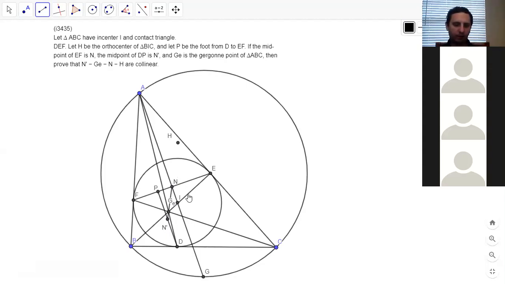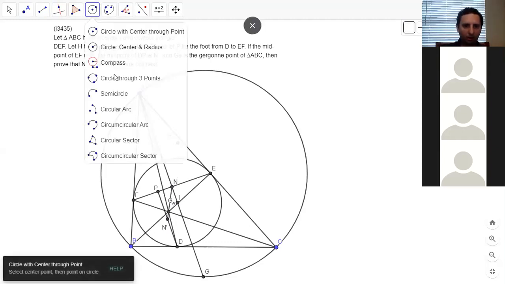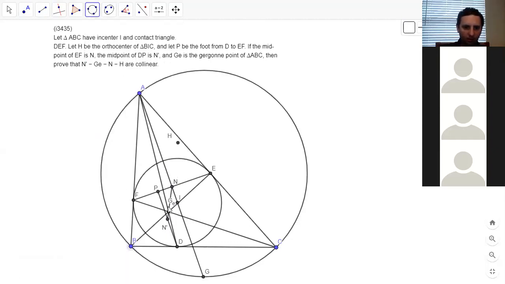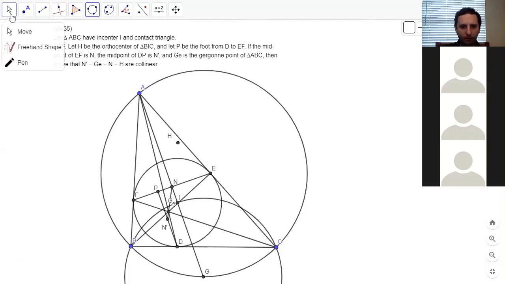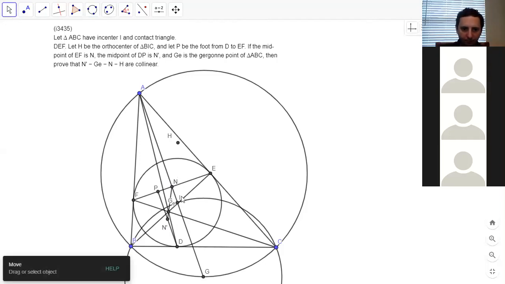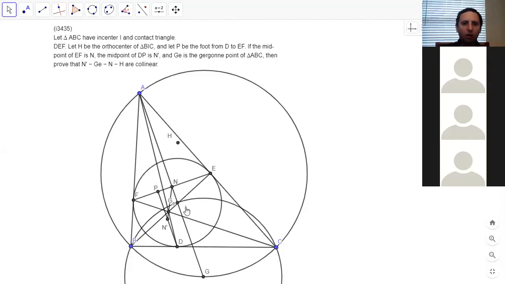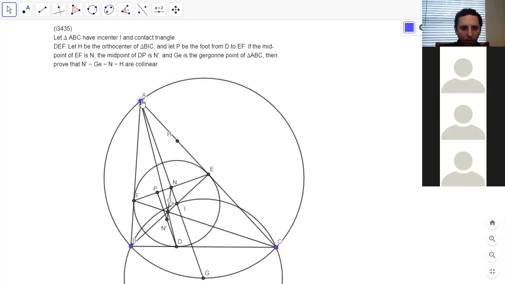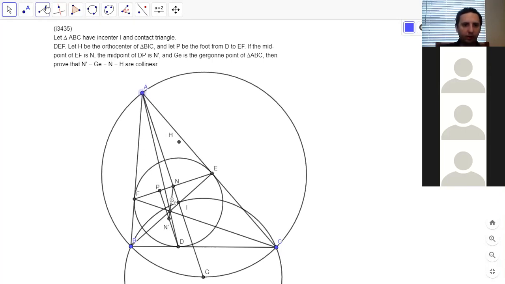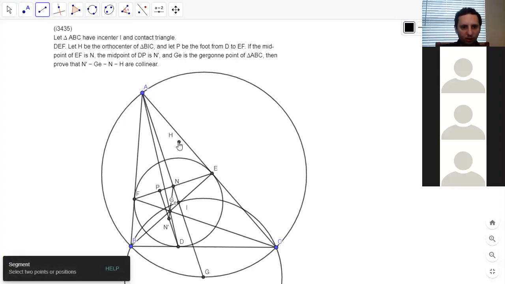Okay, let me think about that. How does the Iran lemma show that H, N, and N prime are collinear? Well, I don't remember what we will use it for. Can you draw the intersection of HB and HC with EF? HB and HC? Yeah, with EF.